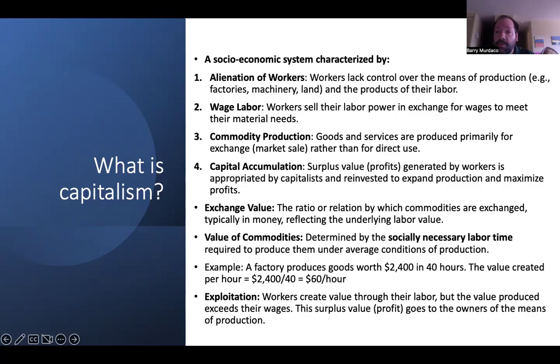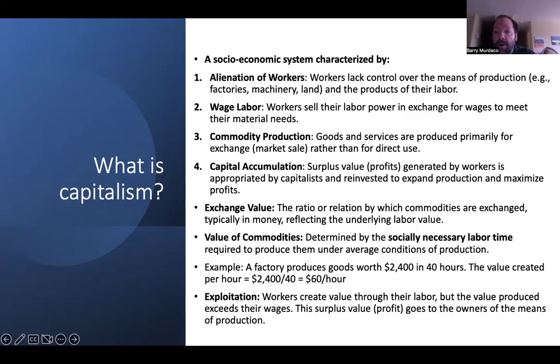Interestingly enough, while we normally assume this to be a system of private ownership where somebody else owns the means of production, the capitalist class, in other words, you could imagine this in a so-called state capitalist system as well, in the Soviet Union or in China, for example. Workers are still not in control of the means of production there, right?